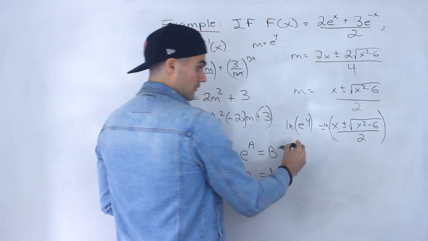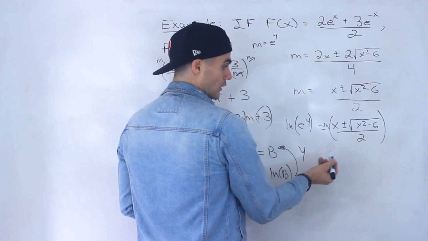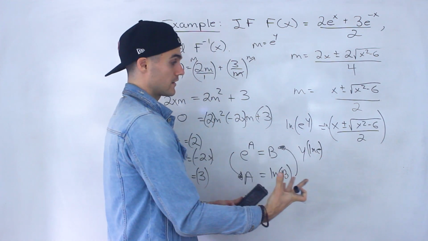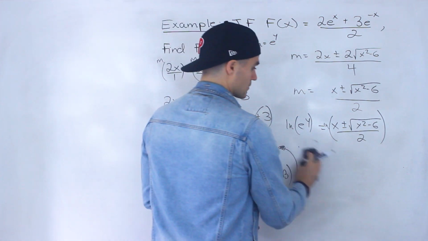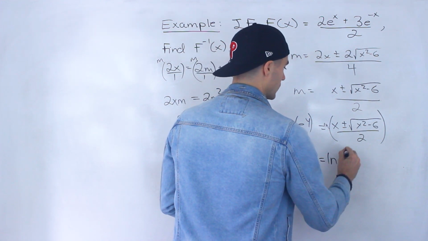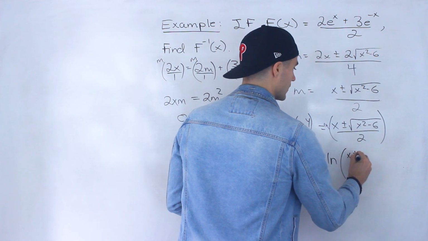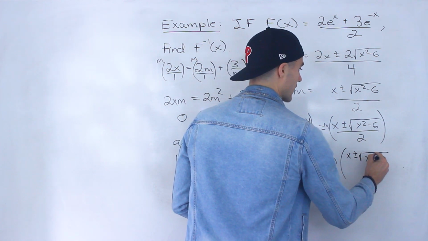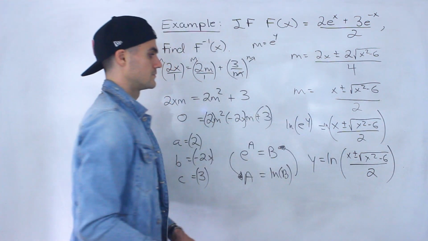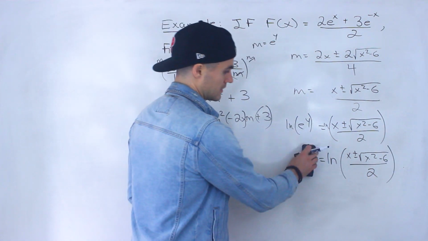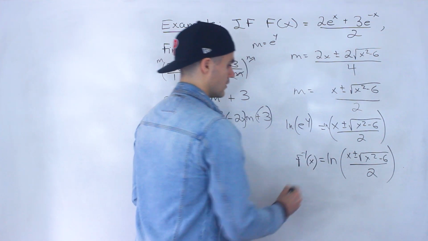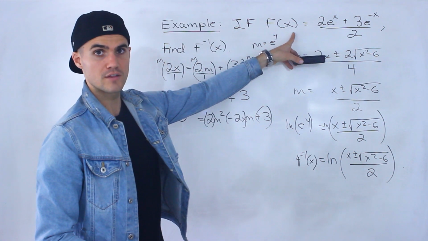The y can come down, and then ln of e, you would end up with ln of e here. ln of e is just 1, right? So you would end up getting that y by itself, and you'd end up with ln of x plus or minus the square root of x squared minus 6, all over 2. And so that there ends up being the final expression for the inverse of this function.